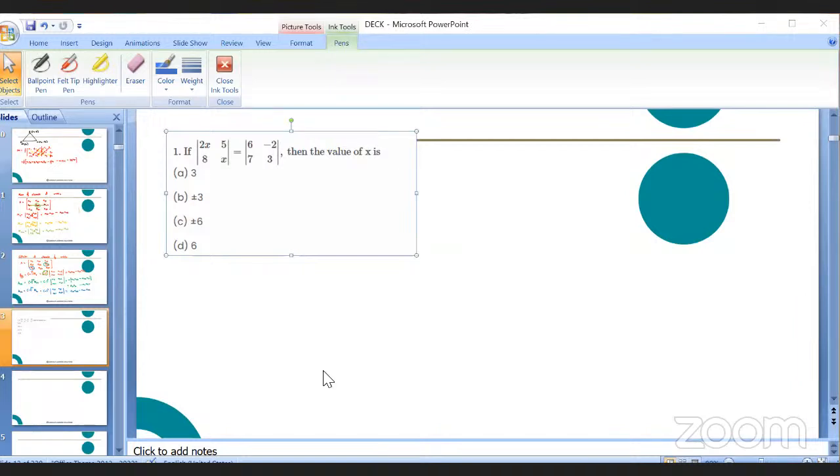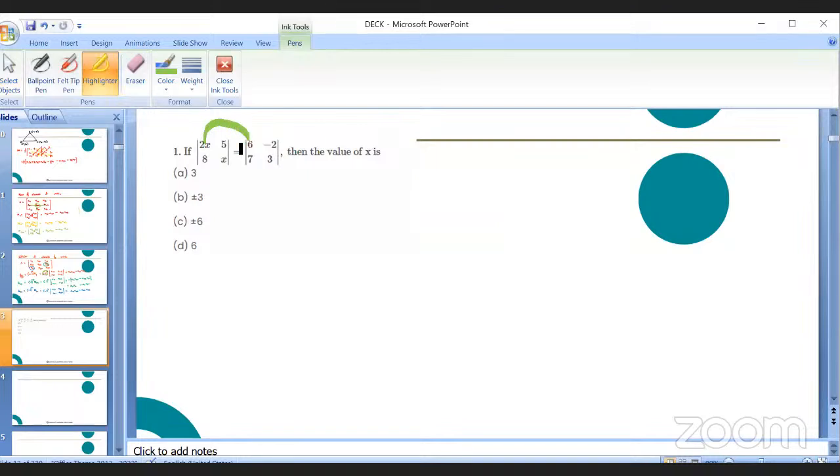Reshma and Noor are saying option A is the correct answer. But option A is not the correct answer. It is not like matrices. Don't compare 2x with 6.